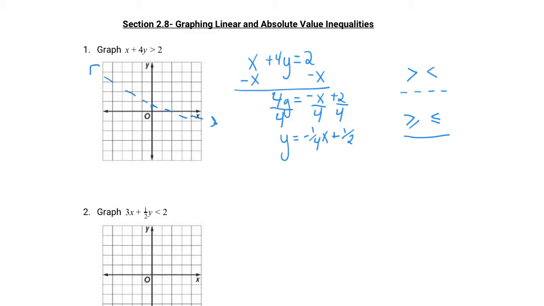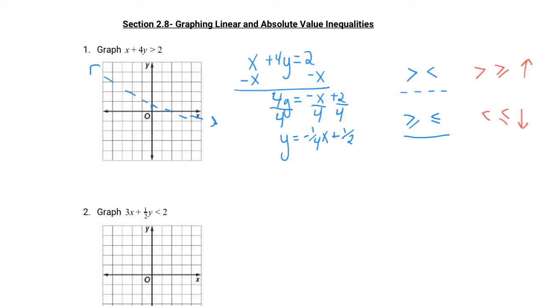Looks something like that. And then the very last part that everyone really likes to forget about is the shading. If I have greater than or greater than or equal to, I shade above the line. If I have less than or less than or equal to, I shade below my line.